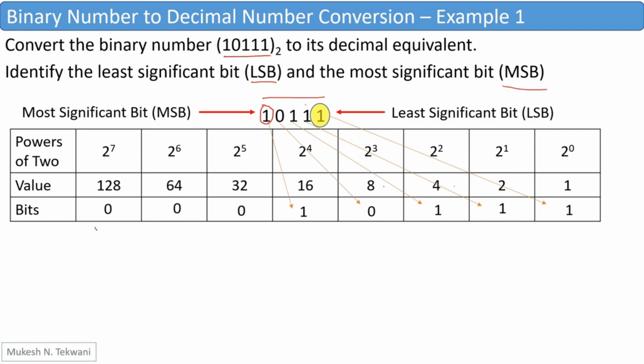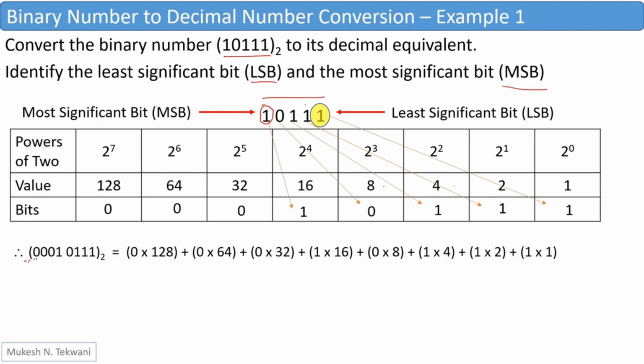Now all the bit positions have been allotted, and so our given binary number can be written as 0 into 128. Now this 0 is the bit at the extreme left. This we multiply with 128.